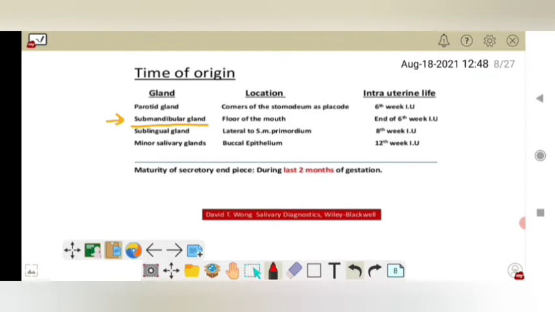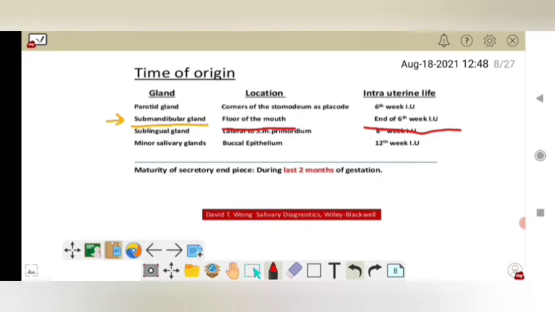Now, embryologically, from where does the gland develop? The submandibular gland originates in the floor of the mouth at approximately 6 to 8 weeks of intrauterine life.